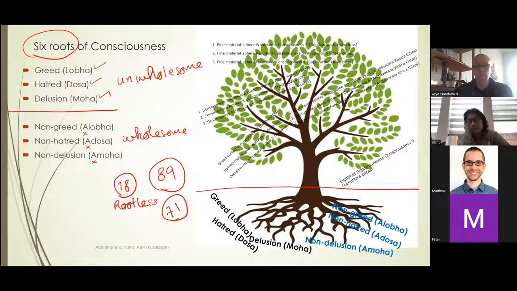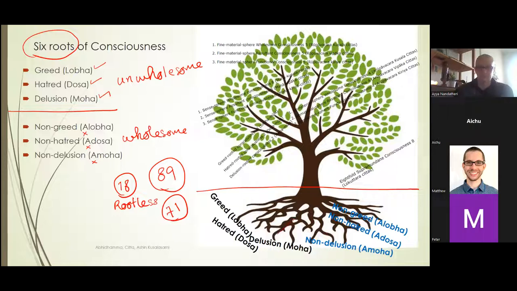What we can see are the flowers, the fruits, the leaves, the branches, everything, but we cannot see the roots. Like this, the real roots of the tree, these 6 roots are working behind our thoughts.